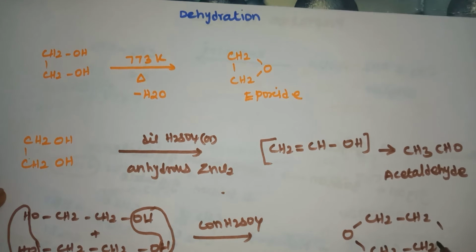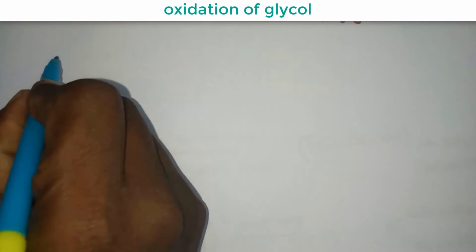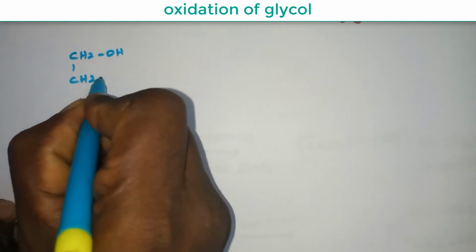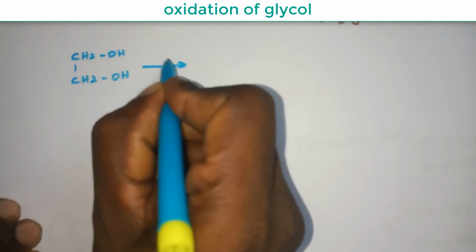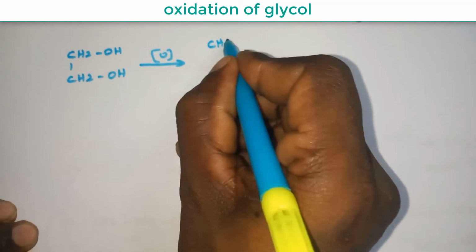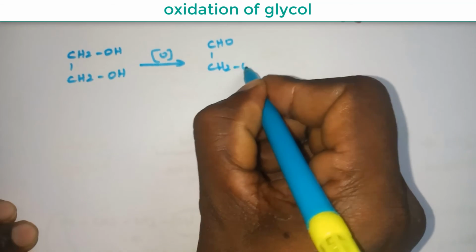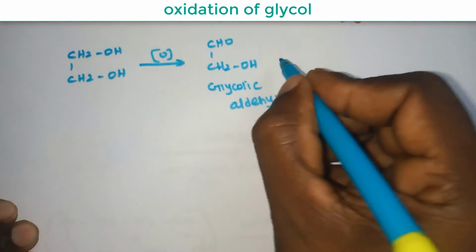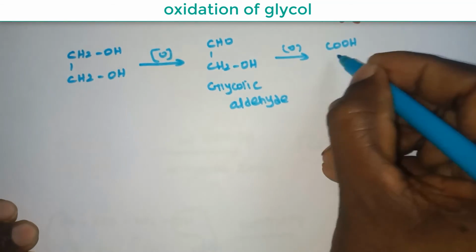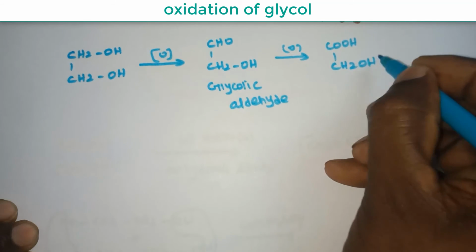This is dioxane. When ethylene glycol reacts with nitric acid or alkaline potassium permanganate, the following reaction takes place and many products are formed. First step, ethylene glycol, CH2OH-CH2OH, is oxidized into glycolic aldehyde, CHO-CH2OH. This glycolic aldehyde is oxidized into glycolic acid.